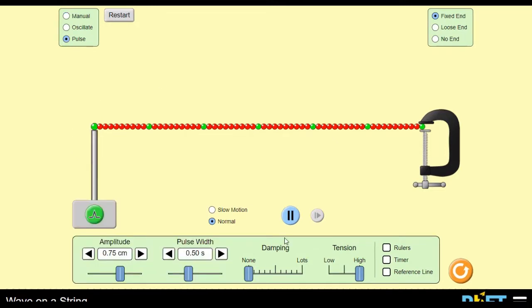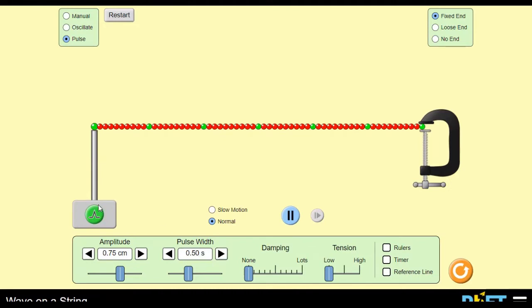Then I set the damping to none, which means the energy will never be lost in this simulation. For the tension, I set low. The amplitude is 0.75 centimeter and the pulse width is 0.5 second.